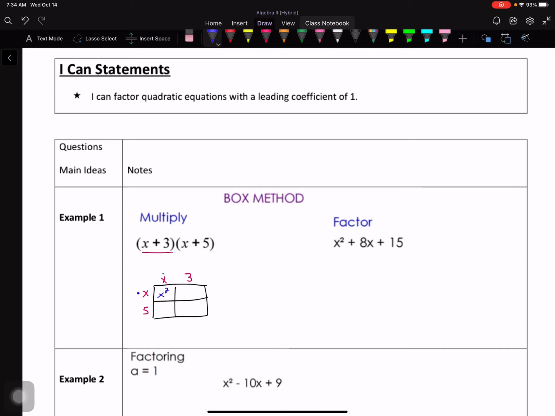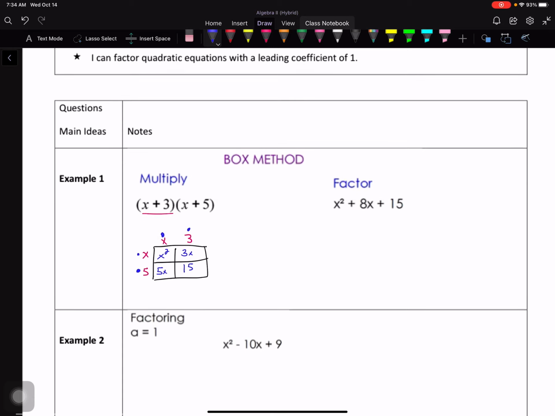Then x times 3, we get 3x. Then x times 5 gives 5x, and 5 times 3 is 15.